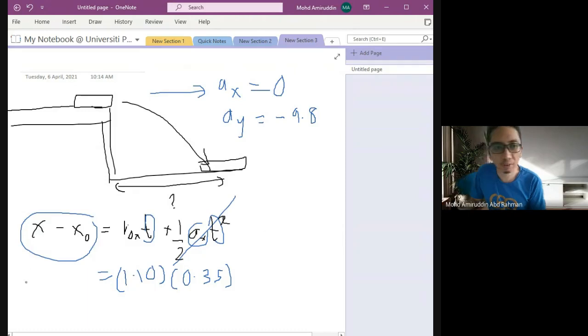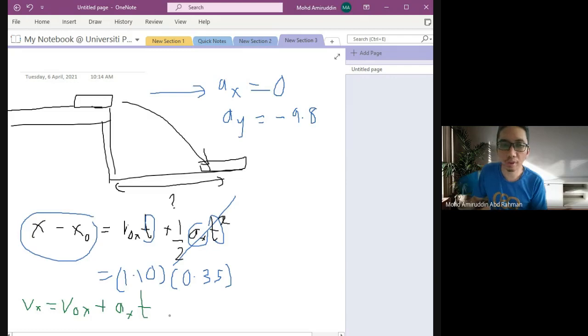So we have Vx equals V naught x plus Ax t.